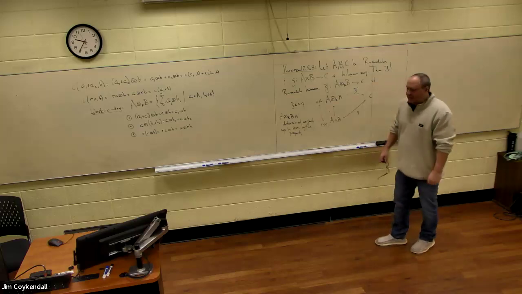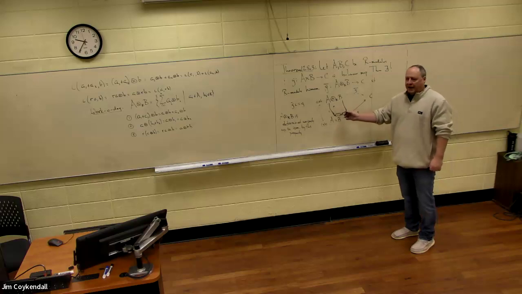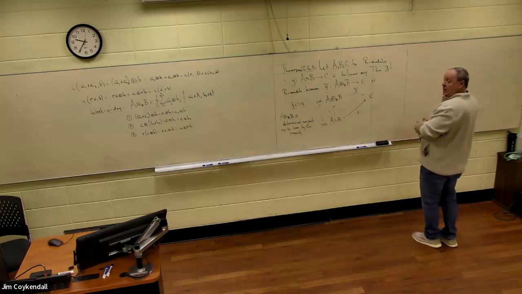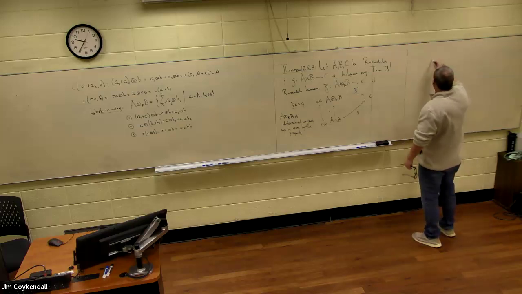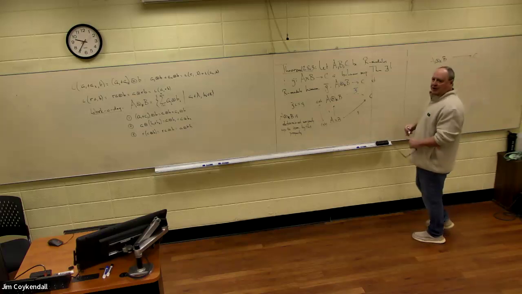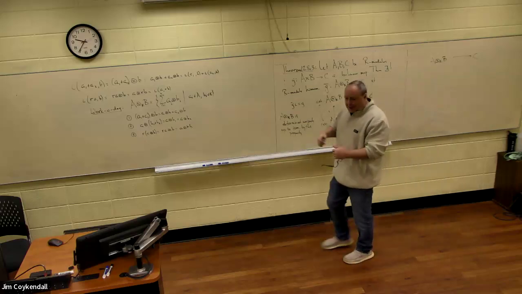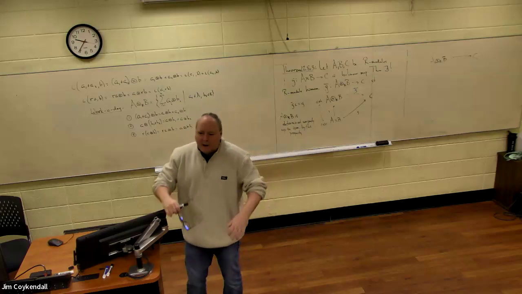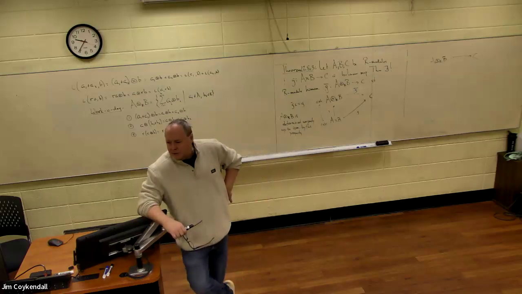Can somebody tell me why, if I just walked up to you on the street and said, hey, look what I got, I've got A tensor B, and I've got this other thing C, and I want you just to build an R module homomorphism. That's my project for you today. Can somebody tell me what's going to be nasty about this right out of the gate?